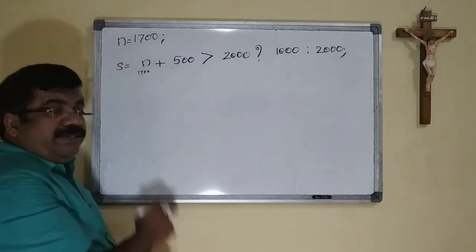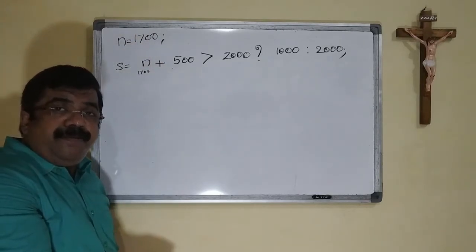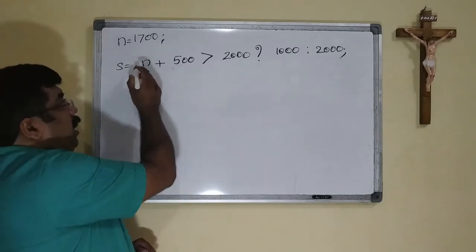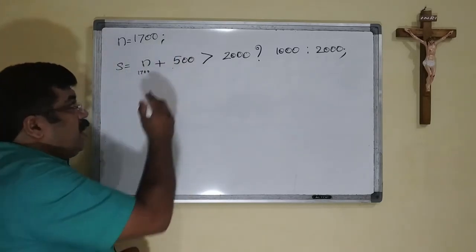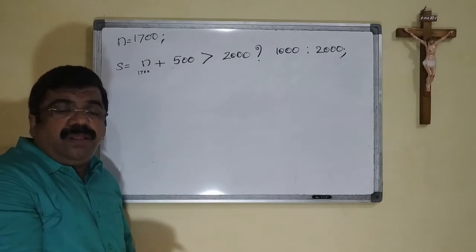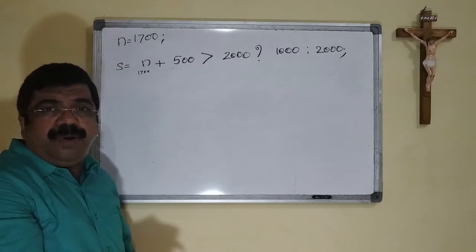Okay. See here we have one example. N equal to 1700. S is equal to N plus 500 greater than 2000. Then what will be the way of evaluating?